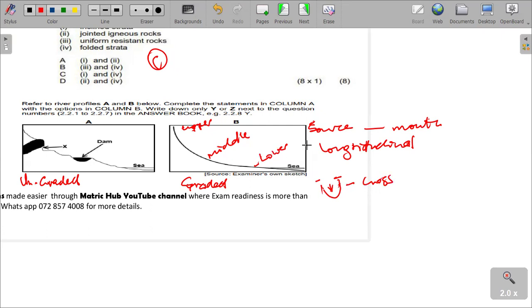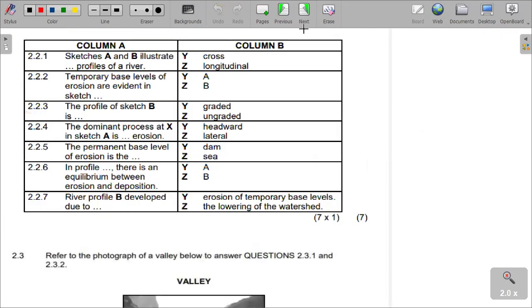This one shows a longitudinal profile. So the question is saying that profiles A and B illustrate the longitudinal profile. In 2.1.1, the answer is Z. Z is the longitudinal profile.